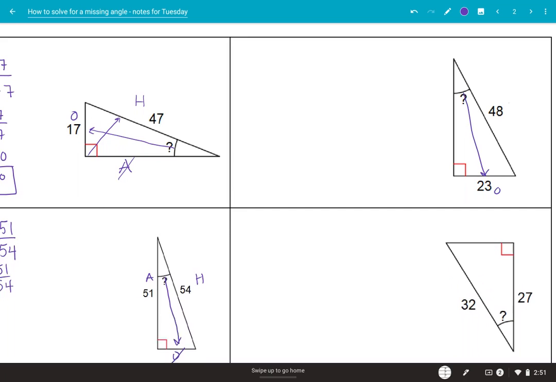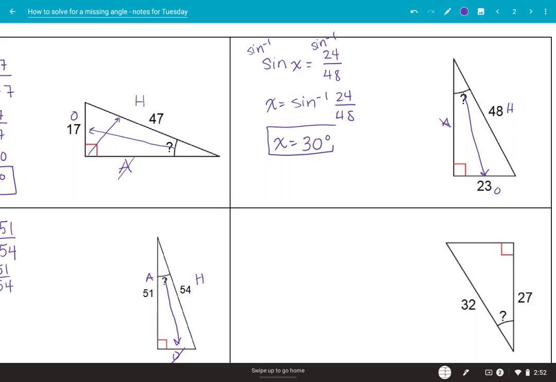So opposite, hypotenuse, adjacent. And then plug it into the calculator. And you're going to get exactly 30 degrees.